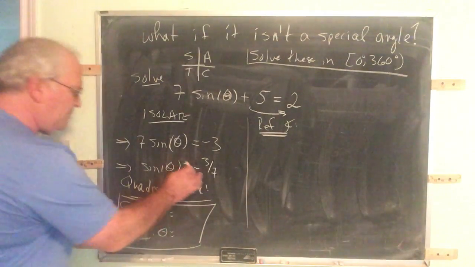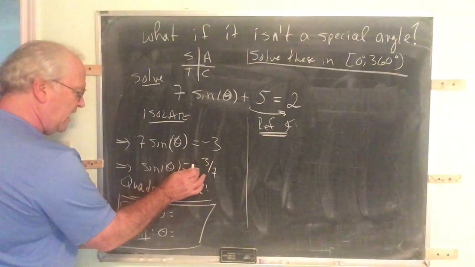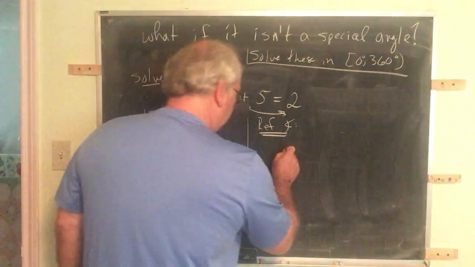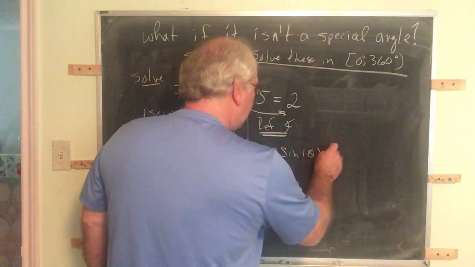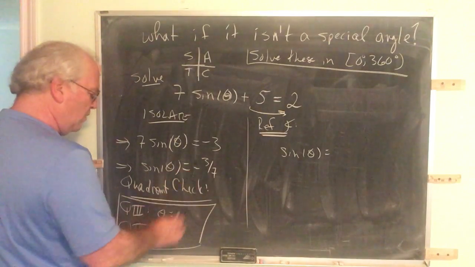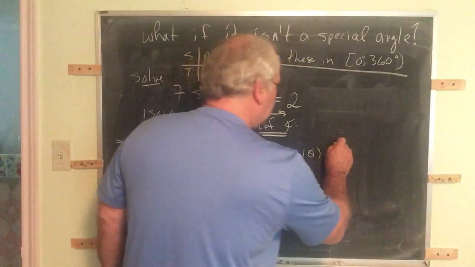The simplest way to play this is once you've found the quadrants, ignore the negative sign. So if we want to find the reference angle, we say sine of theta, ignoring the negative sign, is 3/7.